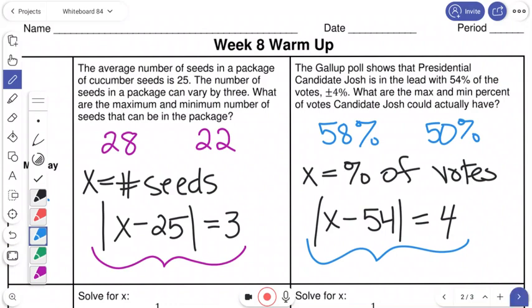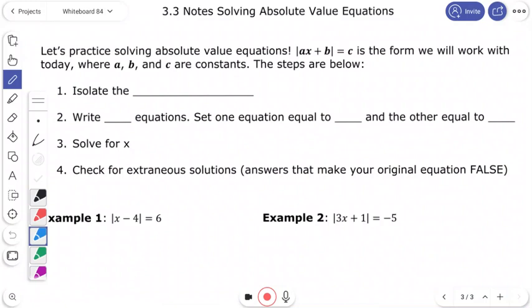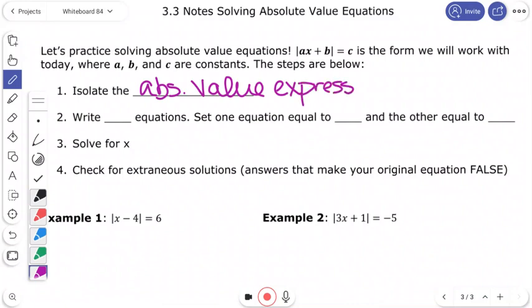Let me show you. So we're going to practice solving absolute value equations today. The very first step when you are solving absolute value equations is to isolate the absolute value expression. We want to isolate the absolute value expression. So we need to get those absolute value bars and whatever is inside by itself. After we isolate our absolute value expression, we are going to write 2 equations.